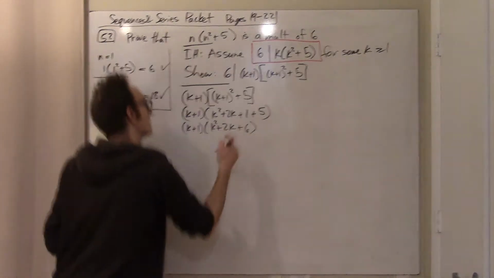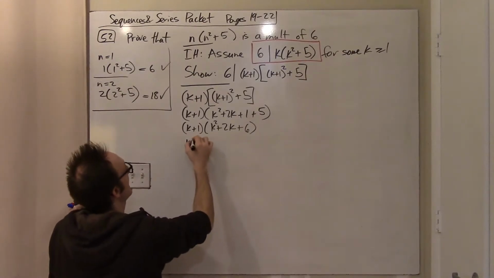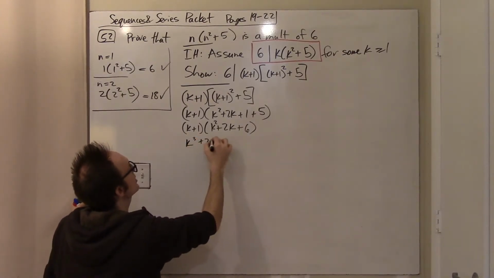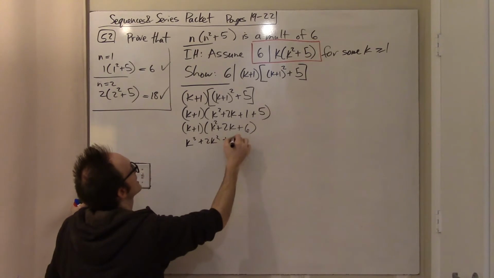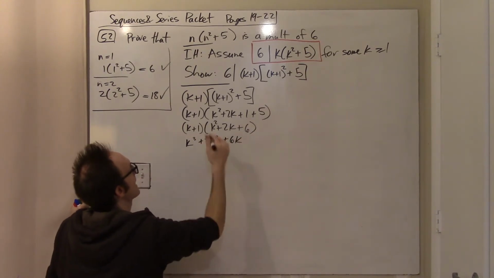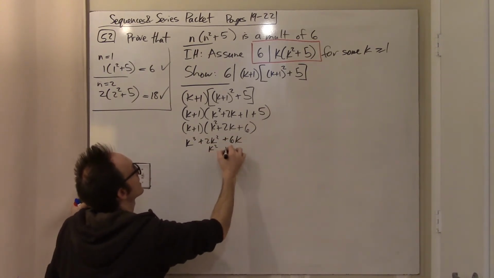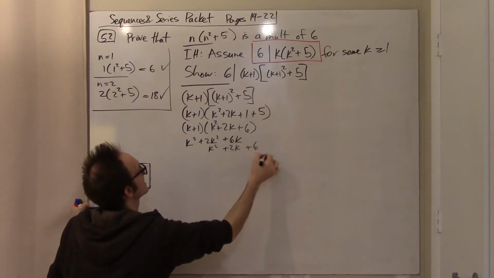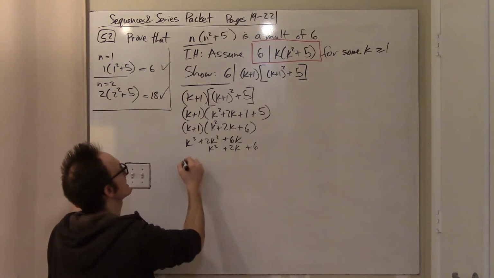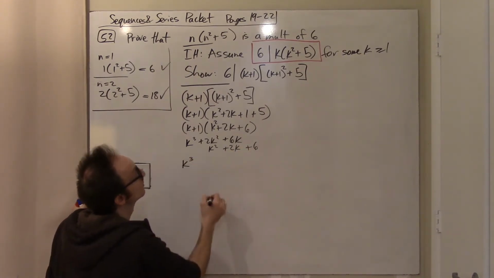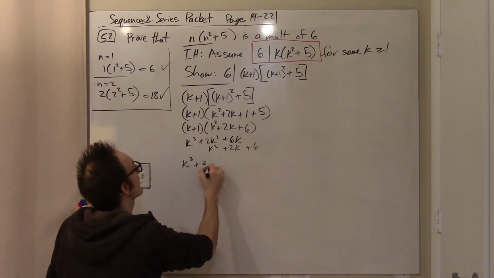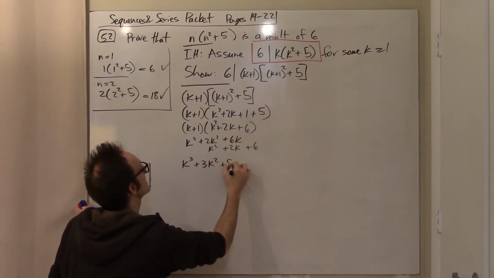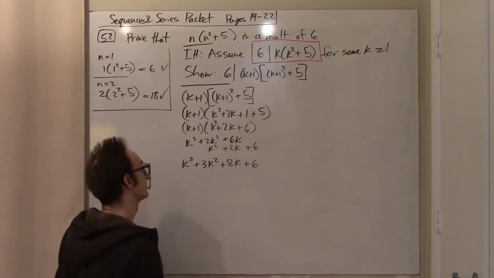So let's go. What do we get? We get k cubed plus 2k squared plus 6k, and then plus another k squared plus 2k plus 6. Okay, so this turns out to be k cubed plus 3k squared plus 8k plus 6.